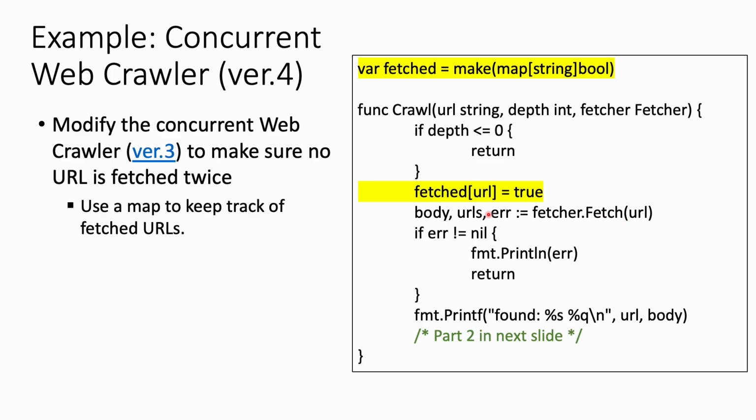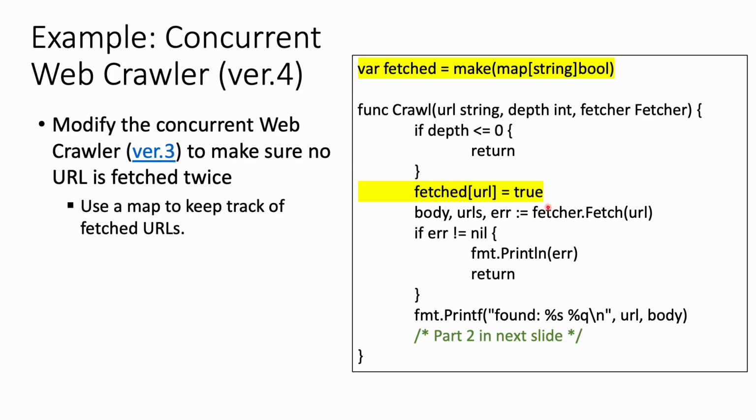This function returns the body of the page at the given URL along with the list of URLs that the page links to. It also returns an error object. Function crawl calls function fetcher.fetch to fetch the starting URL and then recursively calls itself to explore each URL that the page at the starting URL links to. The recursive part is shown in the next slide.